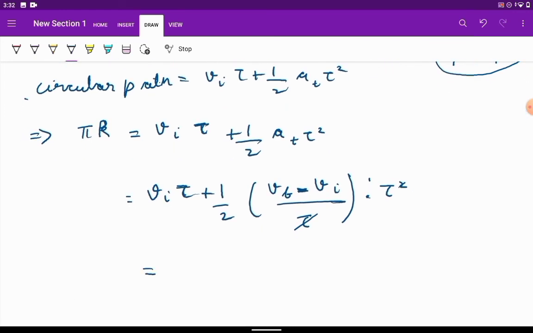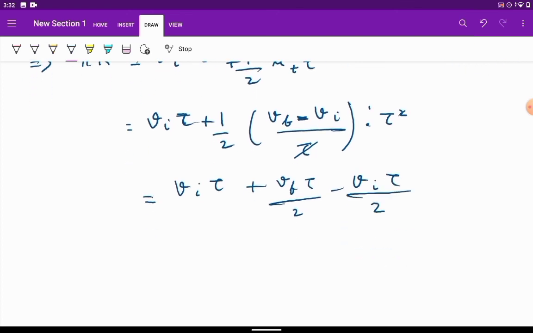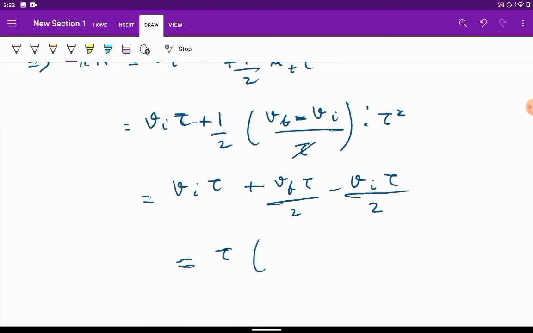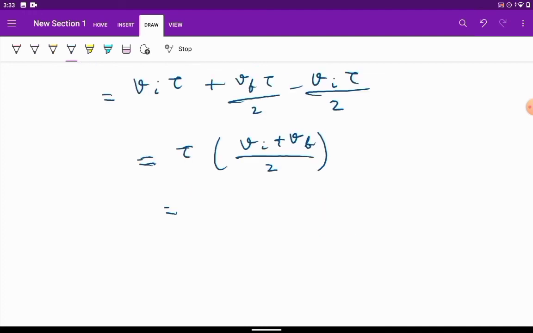So it is nothing but Vi tau plus Vf tau by 2 minus Vi tau by 2. You can group the first and third terms and take tau by 2 common: Vi plus Vf divided by tau, times tau square by 2.